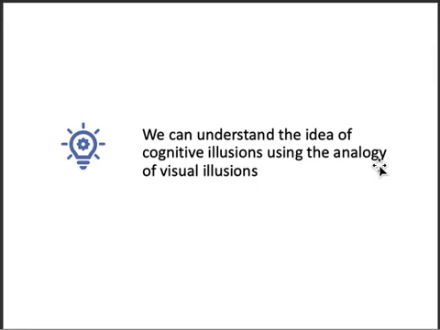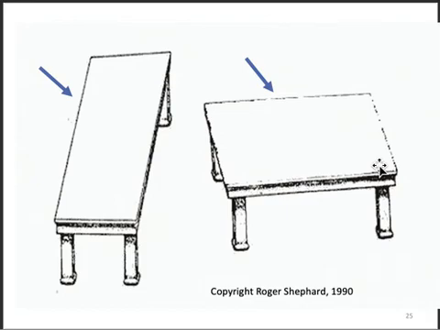Okay, so I'm going to finish this video with an example of a visual illusion. So the long side of the left table appears longer than the long side of the right table. So if you just look at these two tables, it'll seem that this line here is longer than this line.